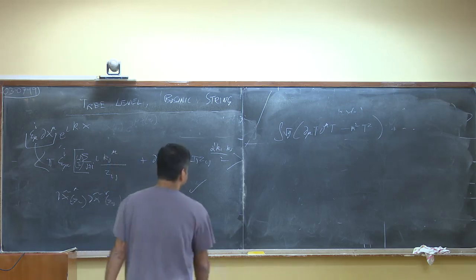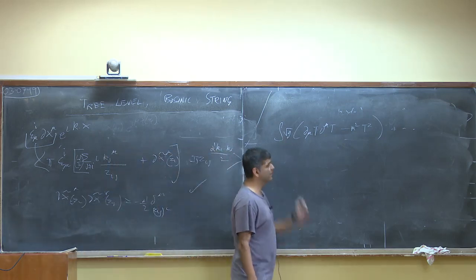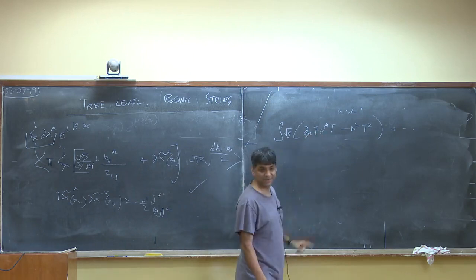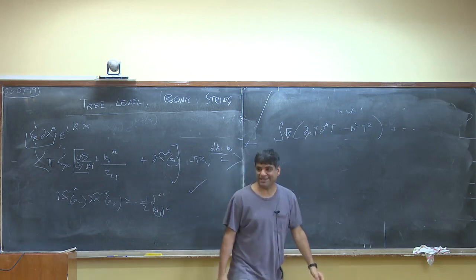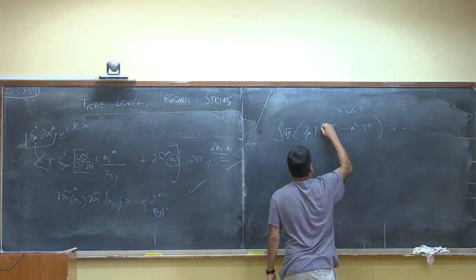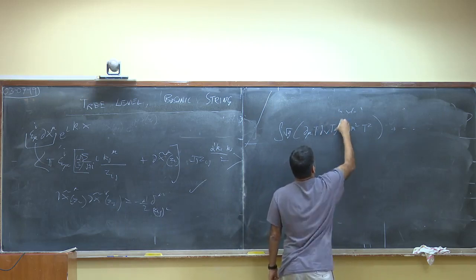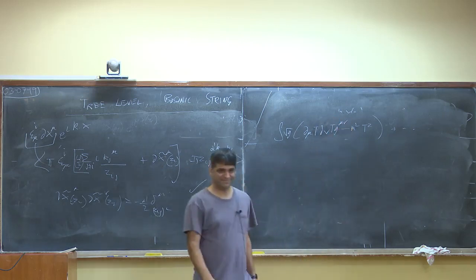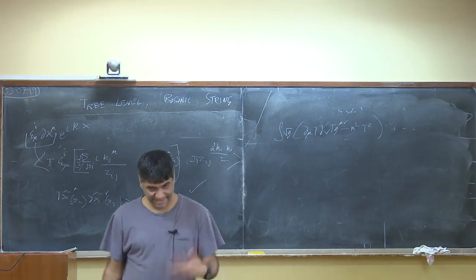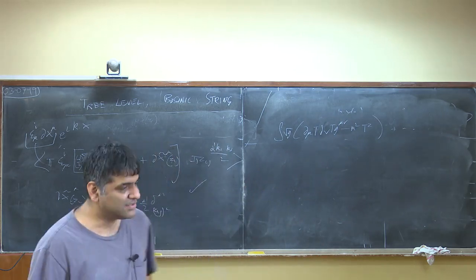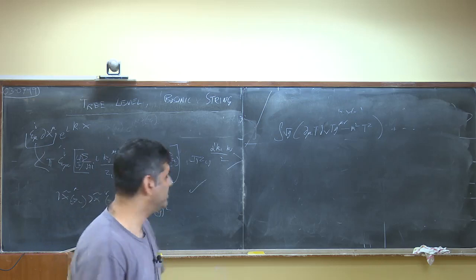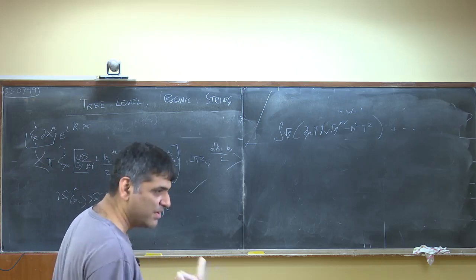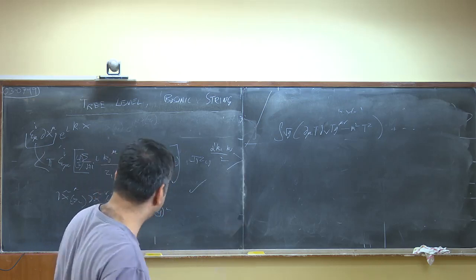Now, there are two factors of g in this. There's the square root of g, and there's g when you raise these indices. Each of these factors will lead to scattering of two tachyons with the graviton.